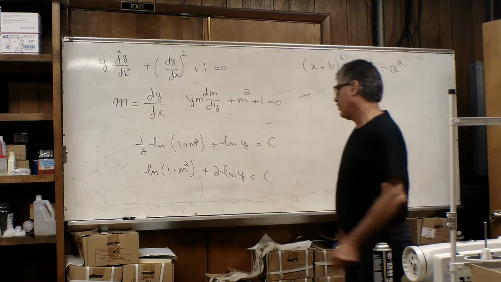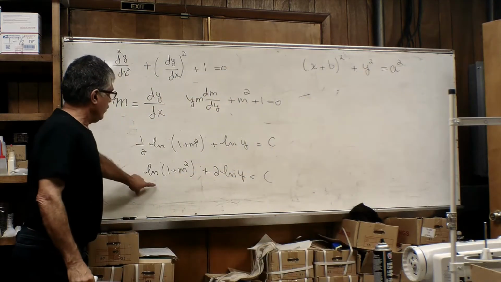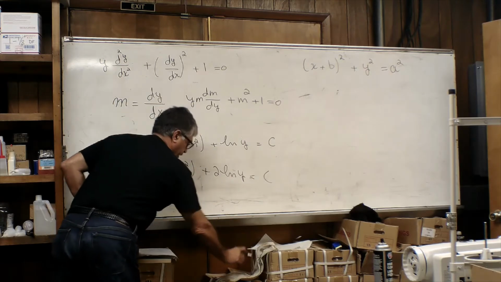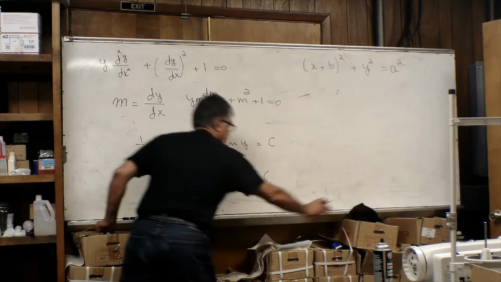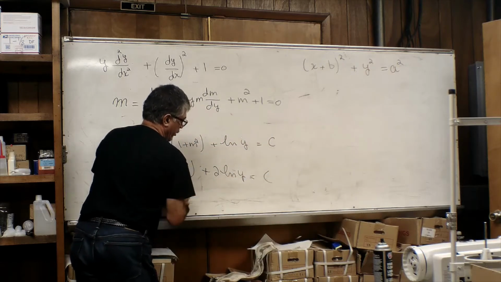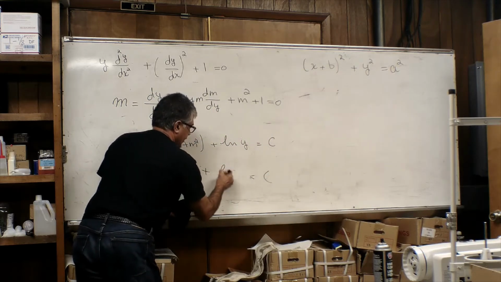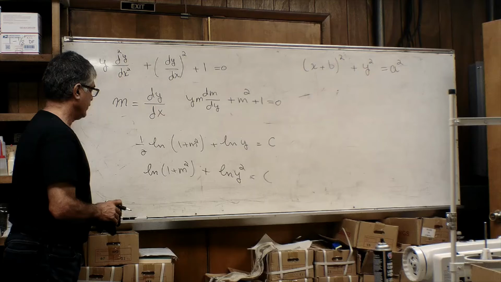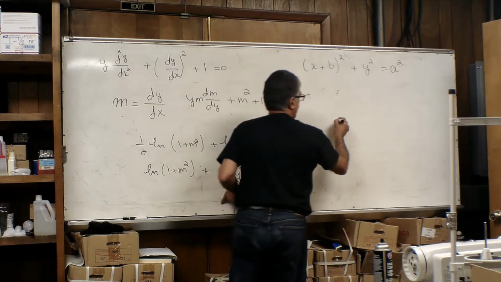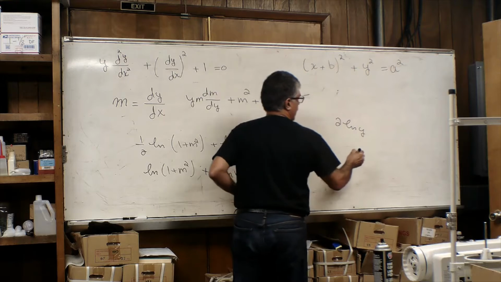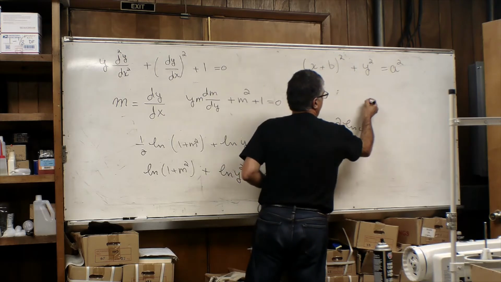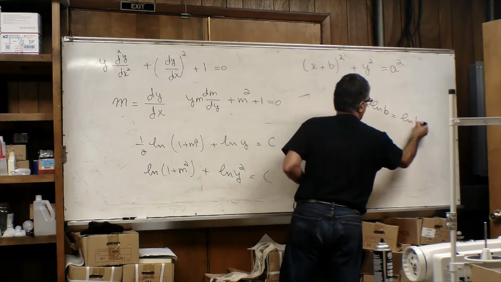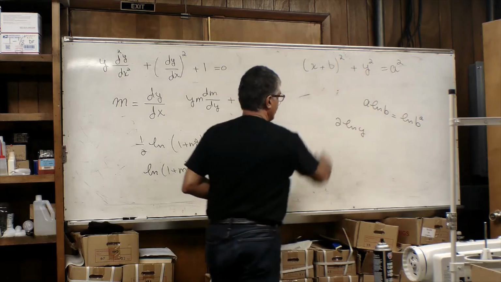Now here we know that 2 natural log of y is the same as natural log of y squared. We have the formula that a natural log of b is equal to natural log of b to the power a. So we use that formula.